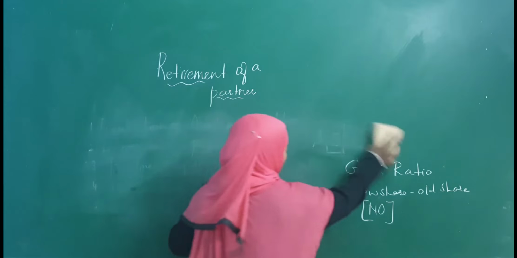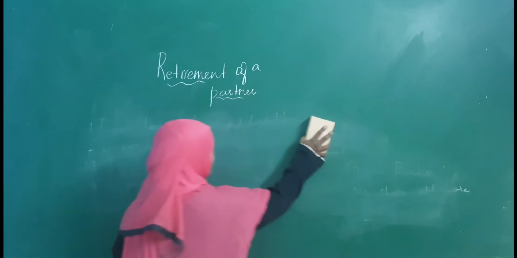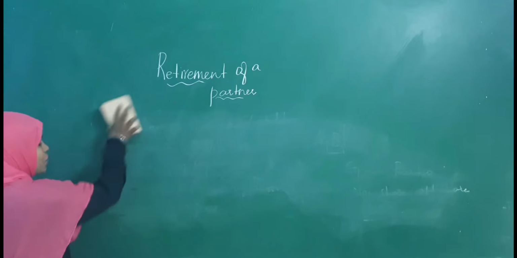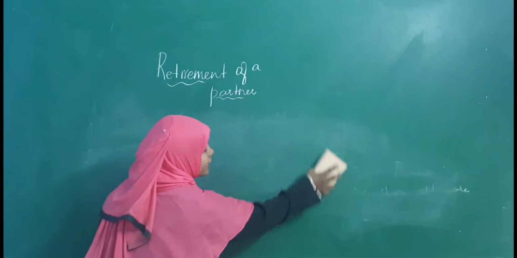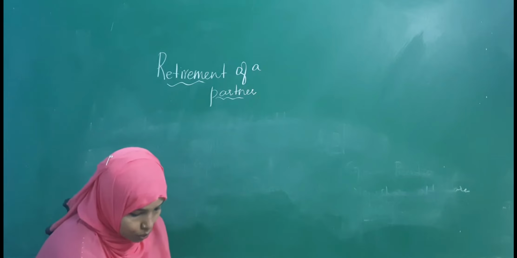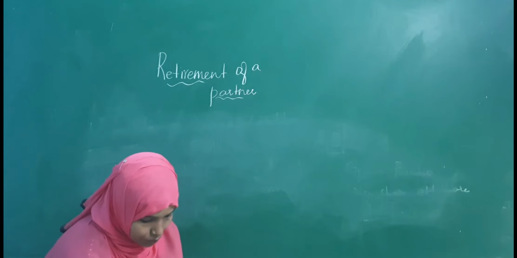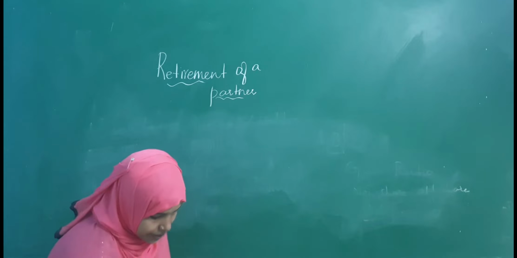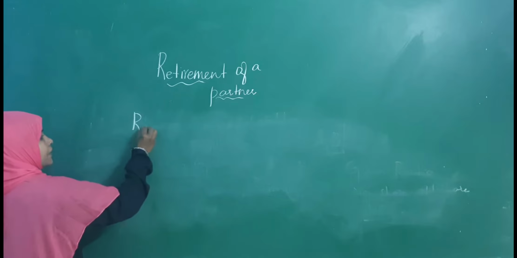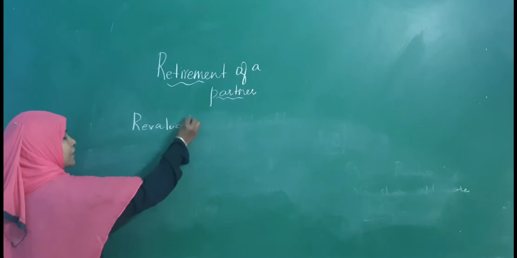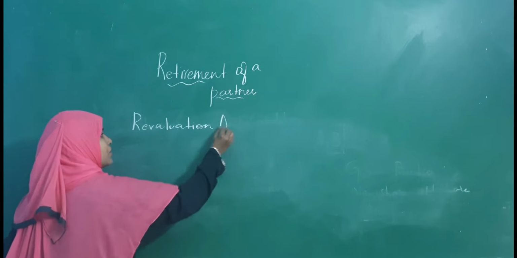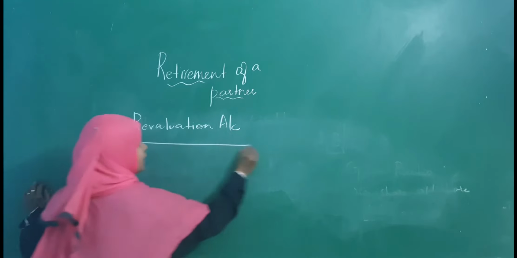See, basically when you prepare a revaluation account, what is a revaluation account? The assets are revalued. There are certain rules you have to follow when you do a revaluation account. Revaluation account. Okay.